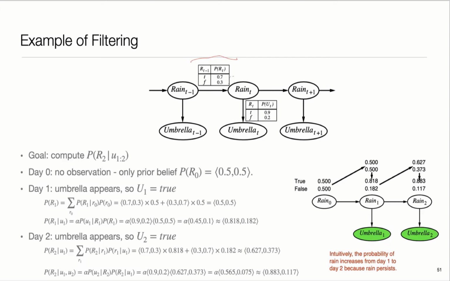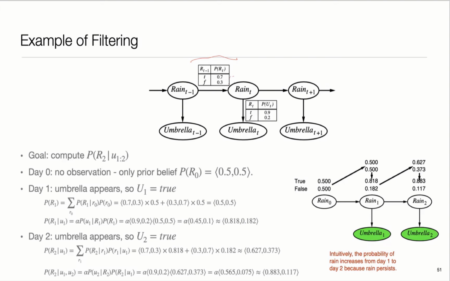And our sensor model looks like the following. It basically says, if it is raining, then the probability that the person, our umbrella sensor, says true is 0.9, and that it doesn't is 0.1. And if it is not raining, then the probability that the umbrella would be brought is 0.2, and otherwise is 0.8.